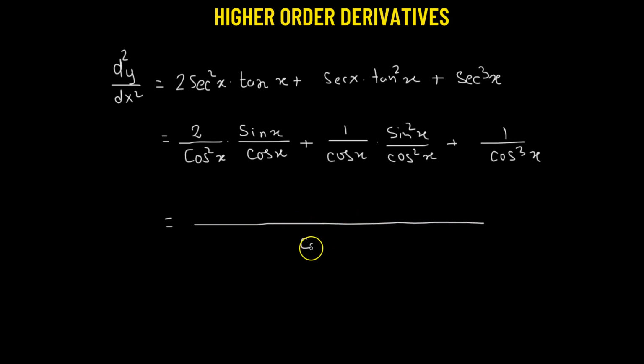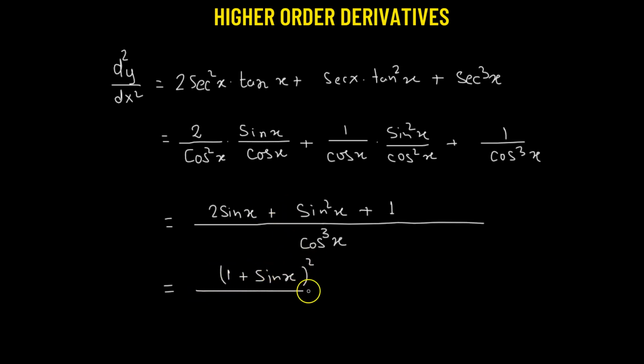So we will combine the denominator. The denominator will be cosine cubed x. So that means we have 2 times sine x plus sine squared x plus 1. Now 2 times sine x plus sine squared x plus 1 is actually 1 plus sine x whole squared. So we get the numerator divided by cosine cubed x, so we can rewrite it as cosine of x times cosine squared x.